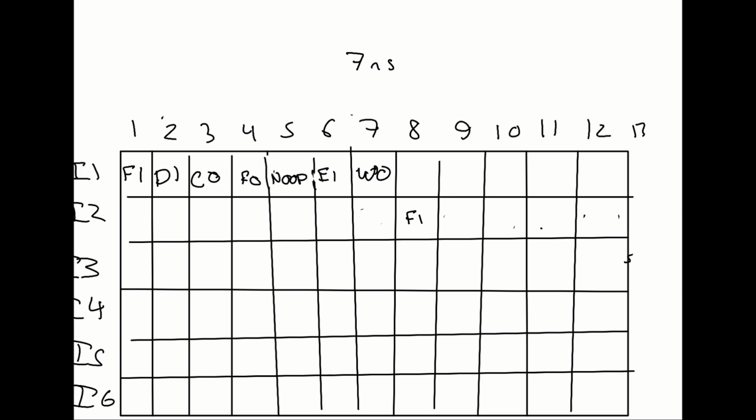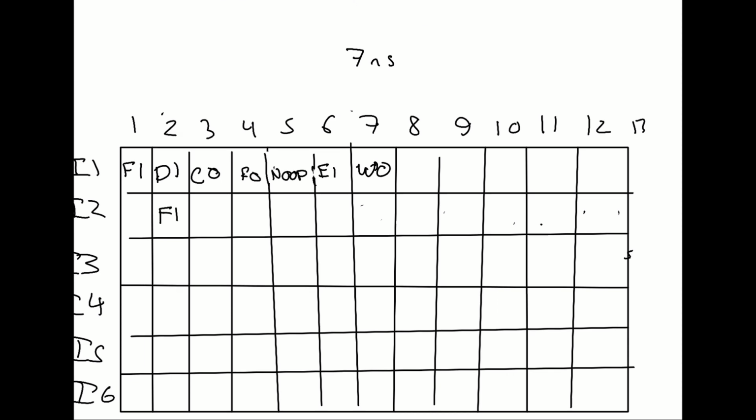However, we're going to pipeline this. So we pipeline as we did before. We start out the instruction there, and then this goes fetch instruction there, and then it goes fetch instruction here per se. And then CO, FO. Oh, no, sorry, DI. And then we got CO, DI.